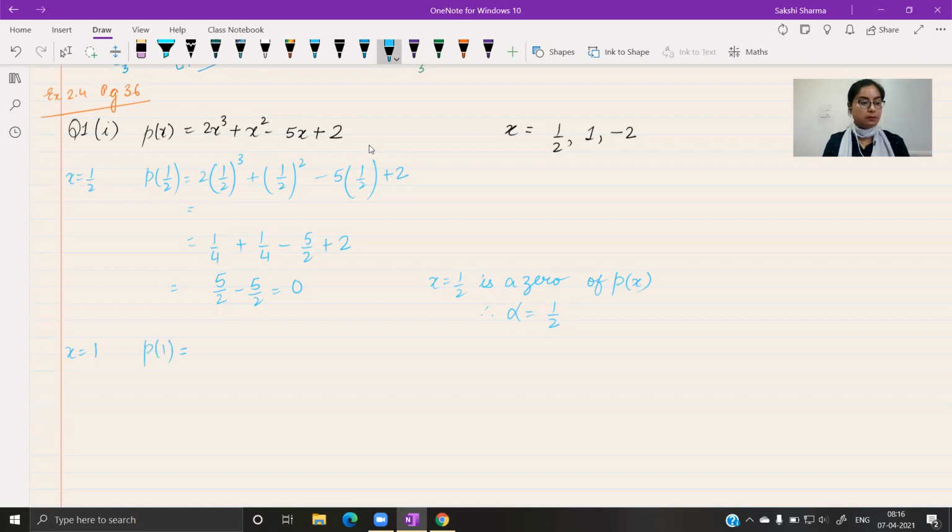X is 1, find P of 1. This is your second zero. Then the third one.